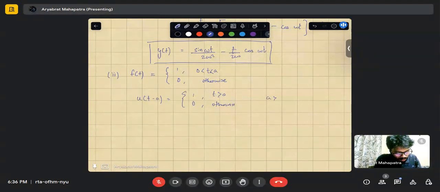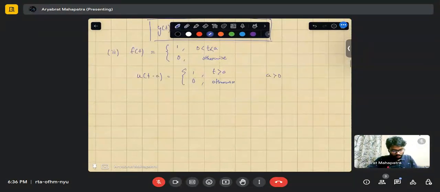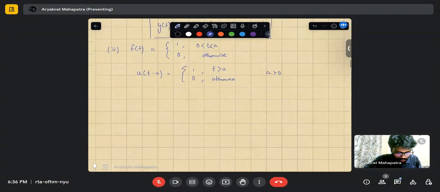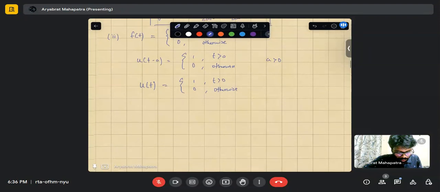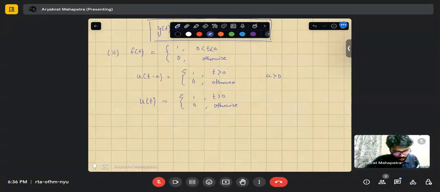Also, this a has to be greater than 0. This is your definition for the unit step function. And when a is 0, that is u of t, that will also be 1 when t is greater than 0, or else it will be 0. So you can write this f of t as u of t minus u of t minus a.